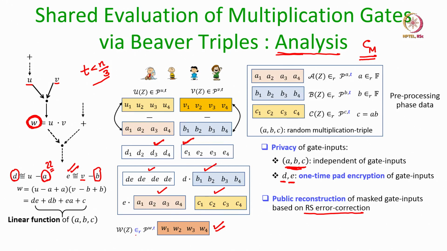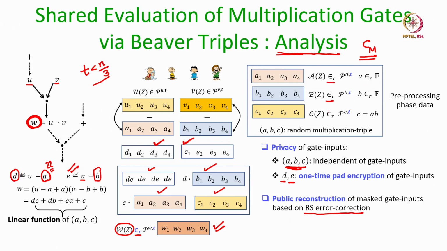Finally, why is the resultant sharing of W a random sharing? Because the resultant W polynomial is a linear combination of the secret sharing polynomials used for sharing the values A, B, C, which are random.